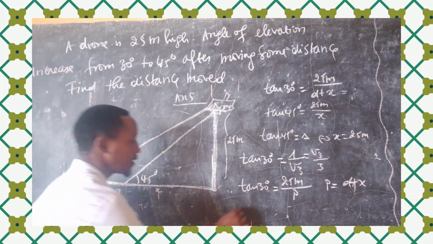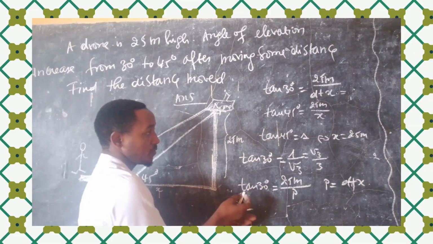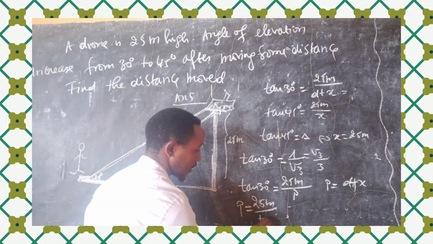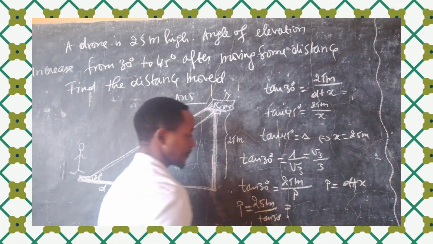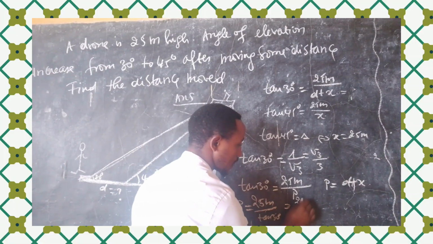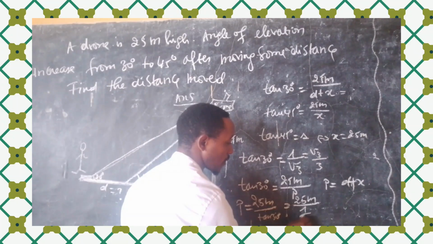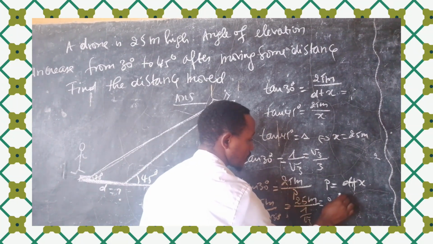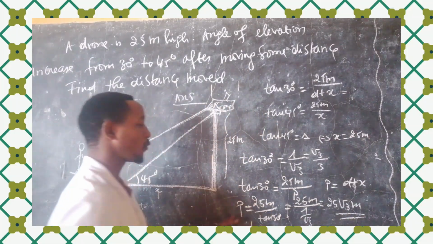So p is equal to 25 meters divided by tan of 30 degrees, which is 25 meters divided by 1 over square root of 3. This is the same as 25 square root of 3 meters. So this is the value of p.